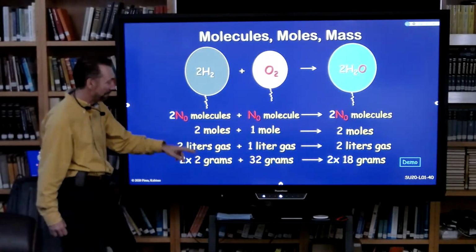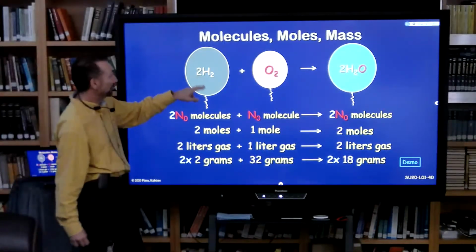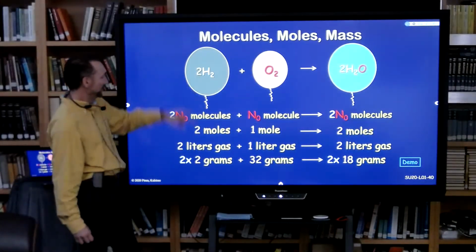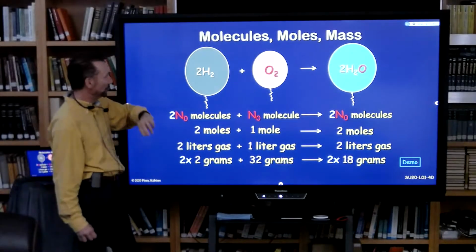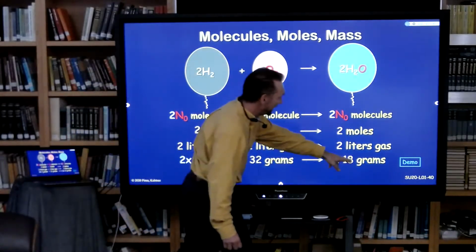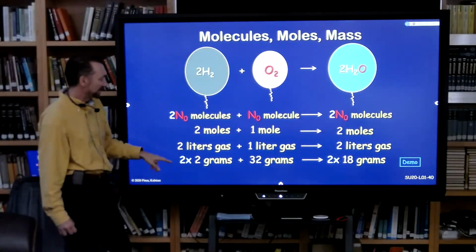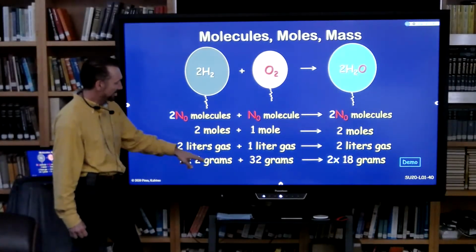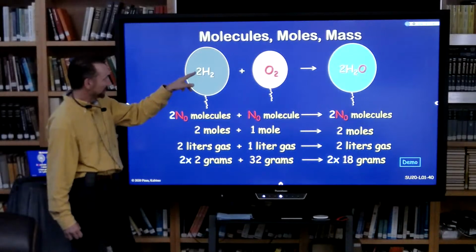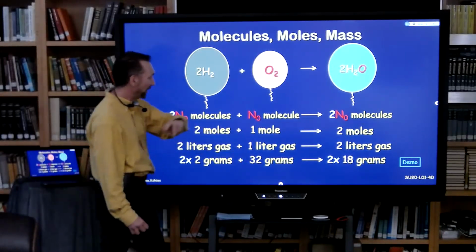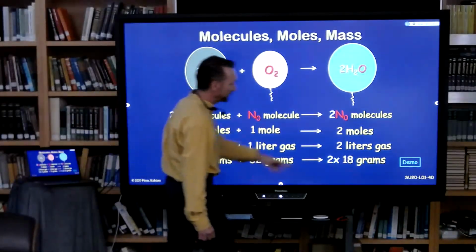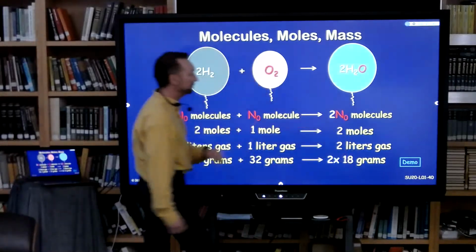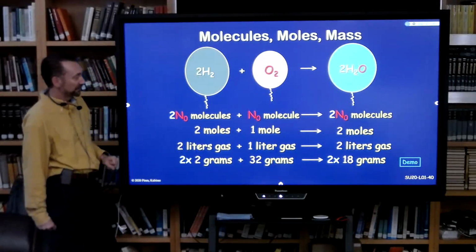And mass ratios we can get right from the number of particles, but we can also get them just from the formulas. We know the relative masses, 2, 32, and 18. So to get the exact masses, you need 2 relative masses of hydrogen because you need twice as many particles, 1 relative mass of oxygen, and 2 relative masses of water is your result.